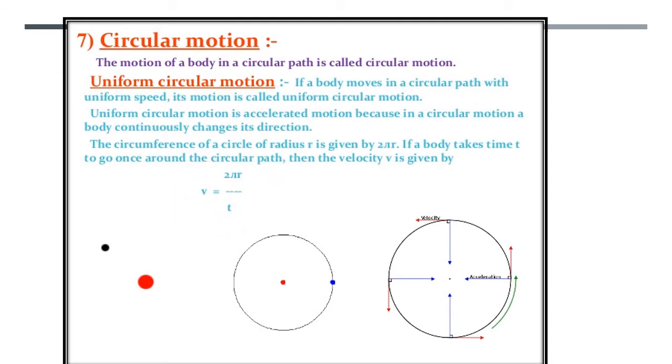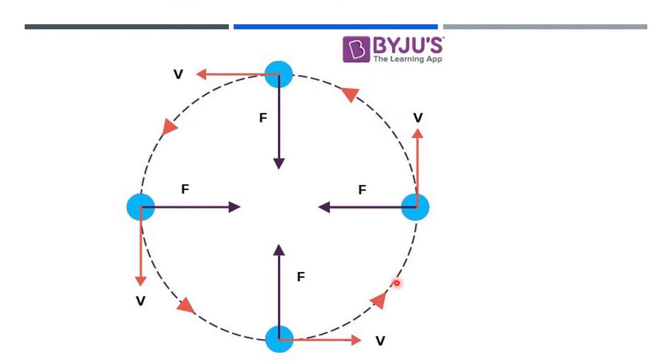You can see in this diagram, these are the center points, and when a body moves like this, there is a change in direction. Again it moves, coming here, there is a change in direction as well as velocity. Here we will call the term velocity. Why?